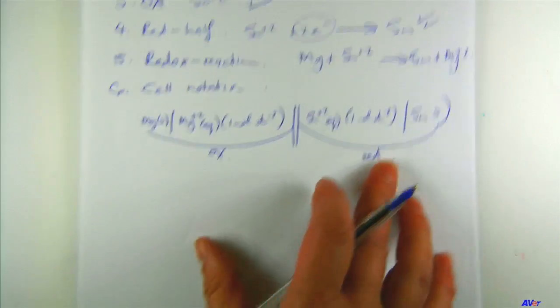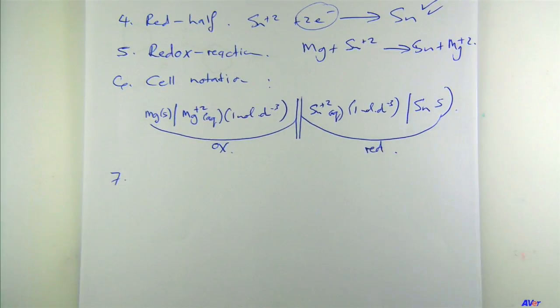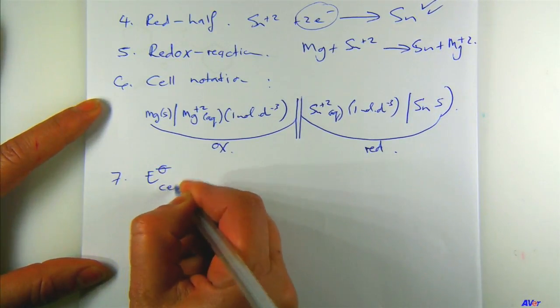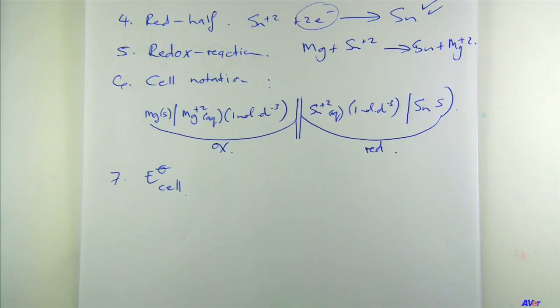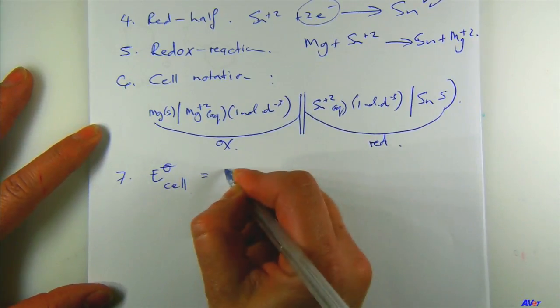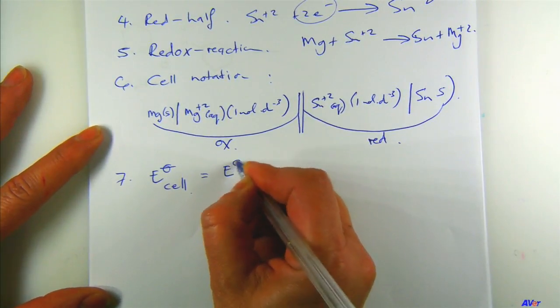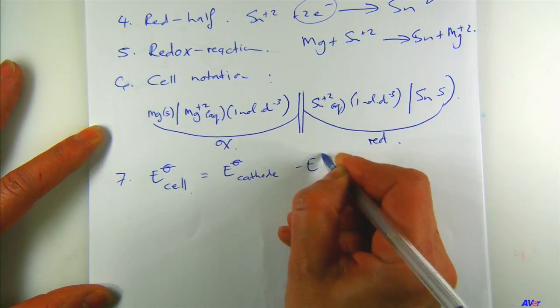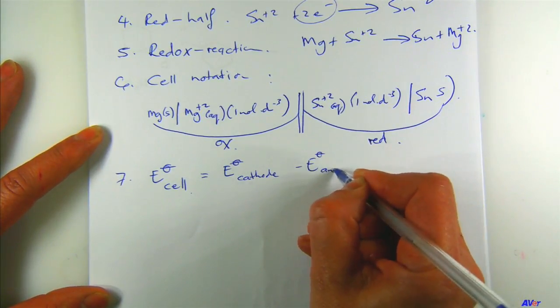Good. Right, 6. The 7th thing I'm going to ask you is calculate the E0 value for my cell. What is the cell potential? It will be the E0 of the cathode minus the E0 of the anode.